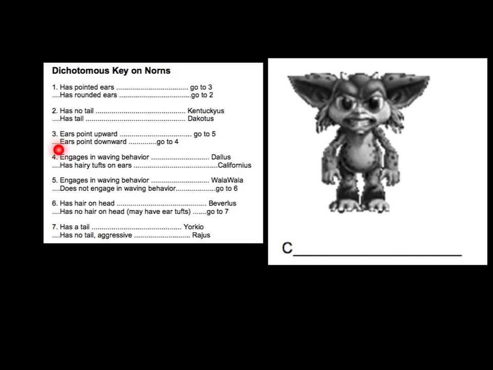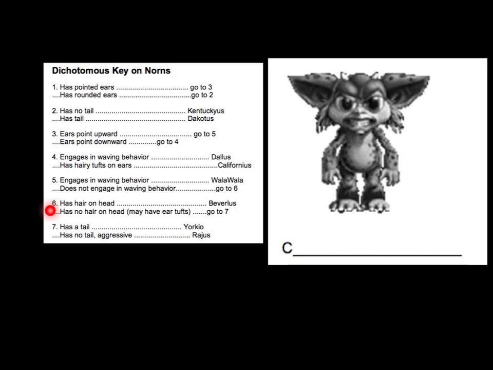Your 2 options are what, Ty? Ears pointed upward, ears pointed down. Okay, so are they pointing up or down? Up. So we're going to go to 5. Engages in waving behavior, does not engage in waving behavior. Is it waving? Nope. So what step do we go to? 6.